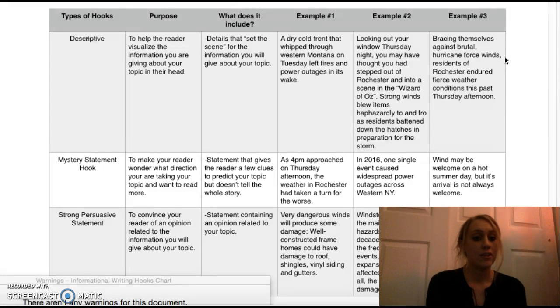And if you are trying to decide which hook to try out first, think about the purpose of your writing piece, where you want to go with your informational writing, and from there, what type of hook might fit best. You may even want to try beginning your writing piece with a few different types of hooks and see what fits best and works well with the flow of the rest of your writing piece, so there's a smooth transition into the information and the details you give.